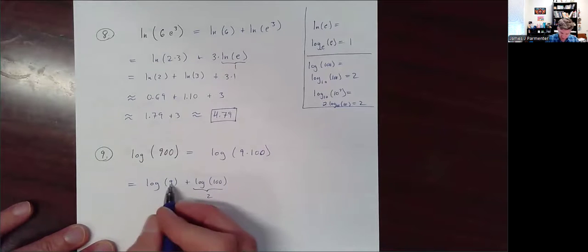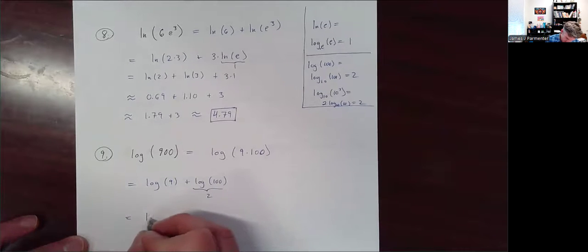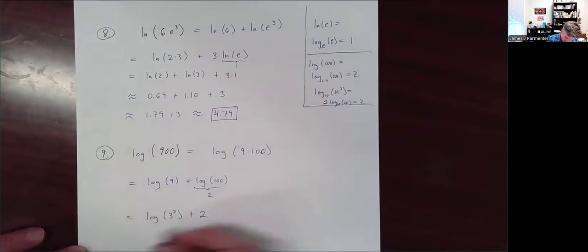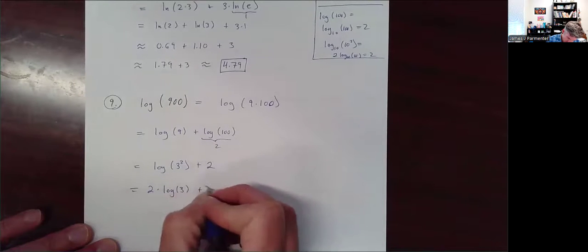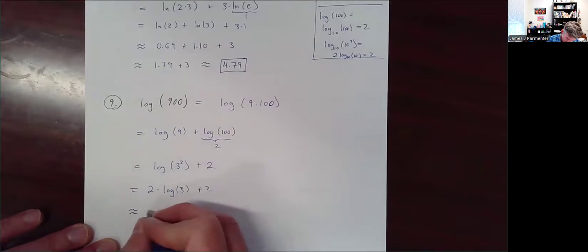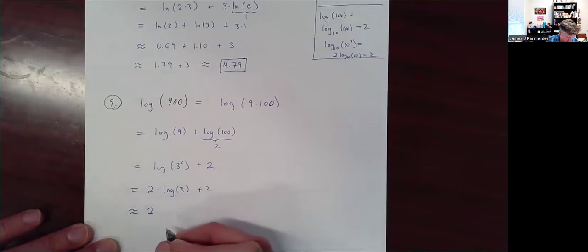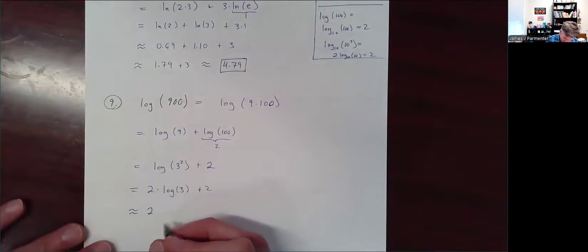And then for log of 9, we're going to rewrite that as log of 3 squared. We're going to use the power rule to bring the 2 down in front. So we're going to have 2 times log of 3 plus 2. And then we're finally going to approximate and say that log of 3 is approximately 0.48.